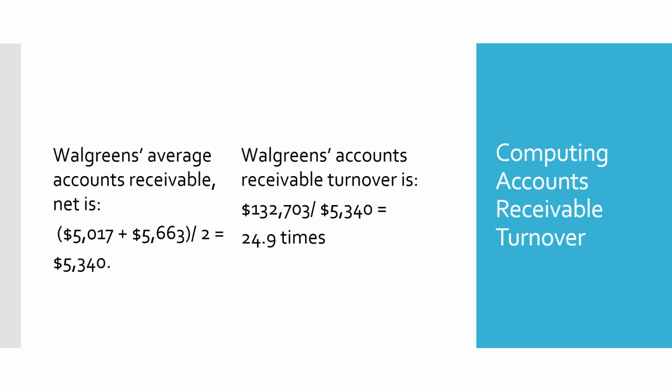Walgreens' average accounts receivable, net is 5017 plus 5663 divided by 2, or 5340, and then we can calculate the accounts receivable turnover by saying 132,307, our sales number, divided by the 5340 average accounts receivable to get 24.9.